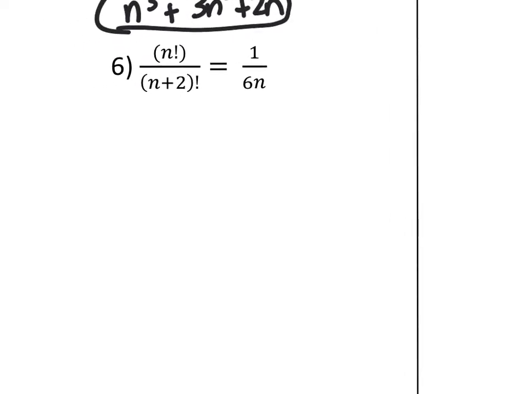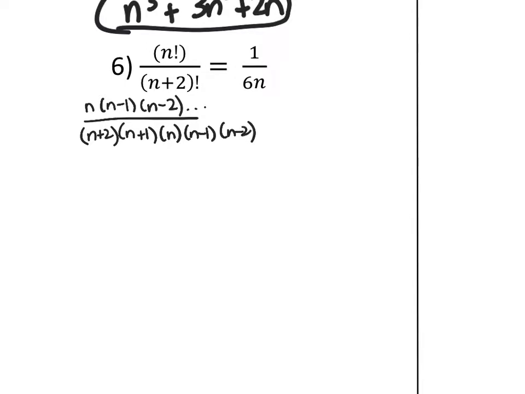So we start the same way. So n times n minus 1 times n minus 2, et cetera, over n plus 2 times n plus 1 times n minus 1 times n minus 2 equals 1 over 6n.